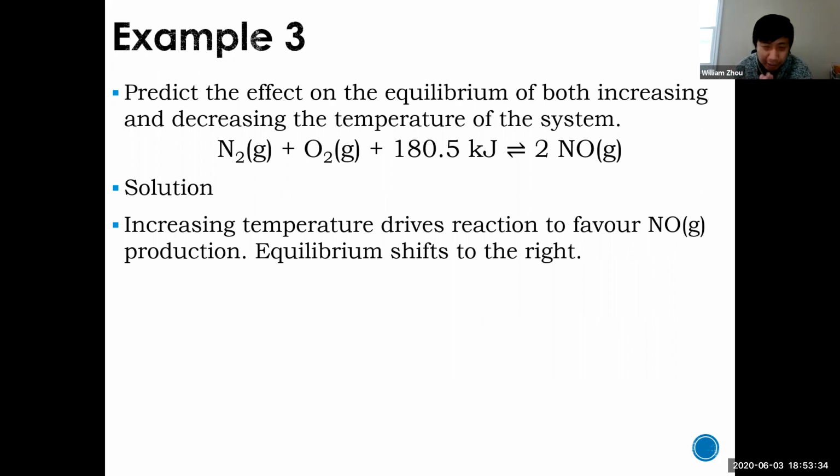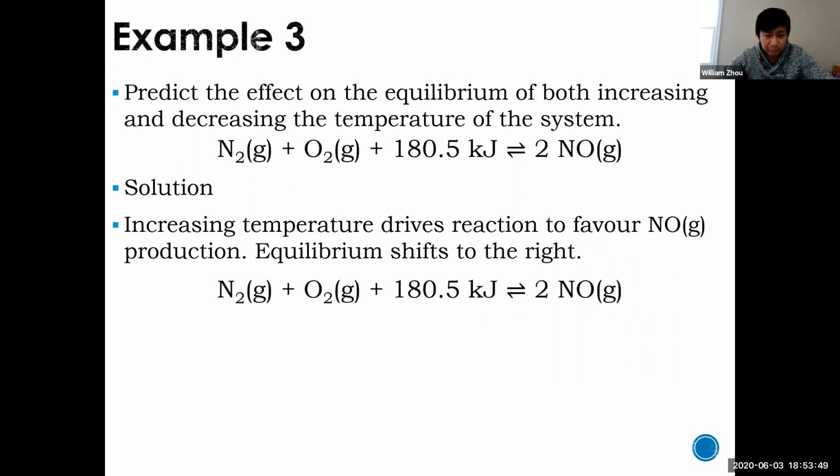Another way of looking at this is you increase the temperature, Le Chatelier will therefore decrease the temperature. How would you decrease the temperature? Well, just use it up. Use up the energy to make the product, and you will decrease the temperature again. So that will shift to the right if you increase temperature.